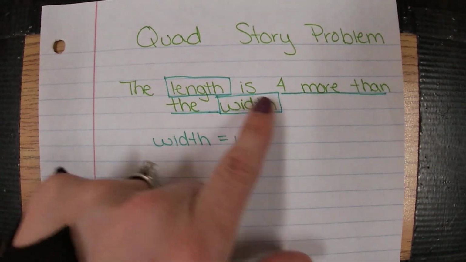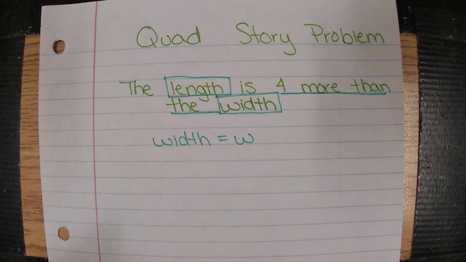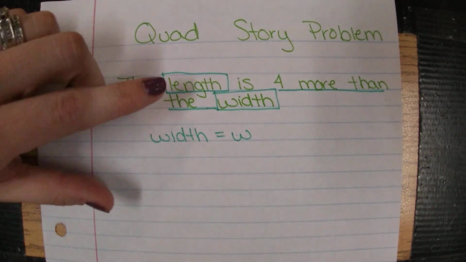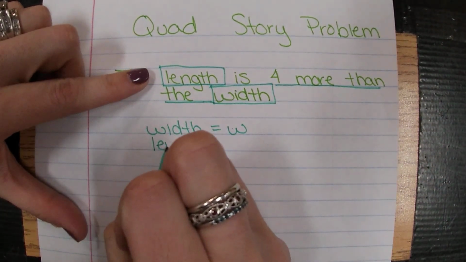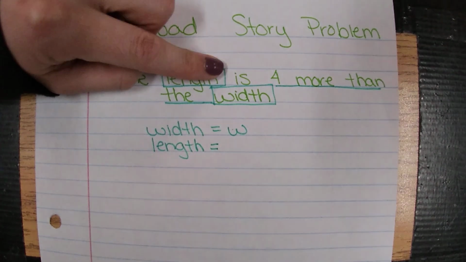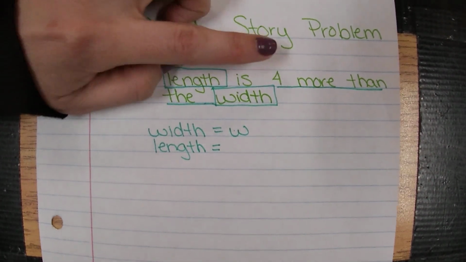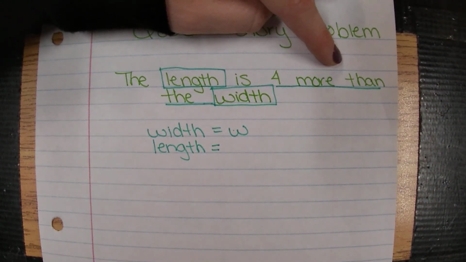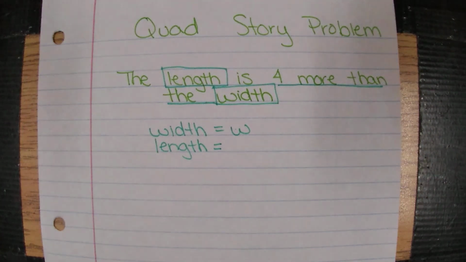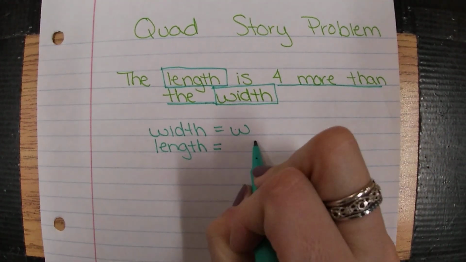Okay, and then we're just going to go off of our basic key term translations that we learned way back at the beginning of math. So it will say the length, and that tells us to put an equal sign. More than tells us to add. Remember, than sort of told us to switch the order, but since it's addition, it doesn't matter which way we write it.